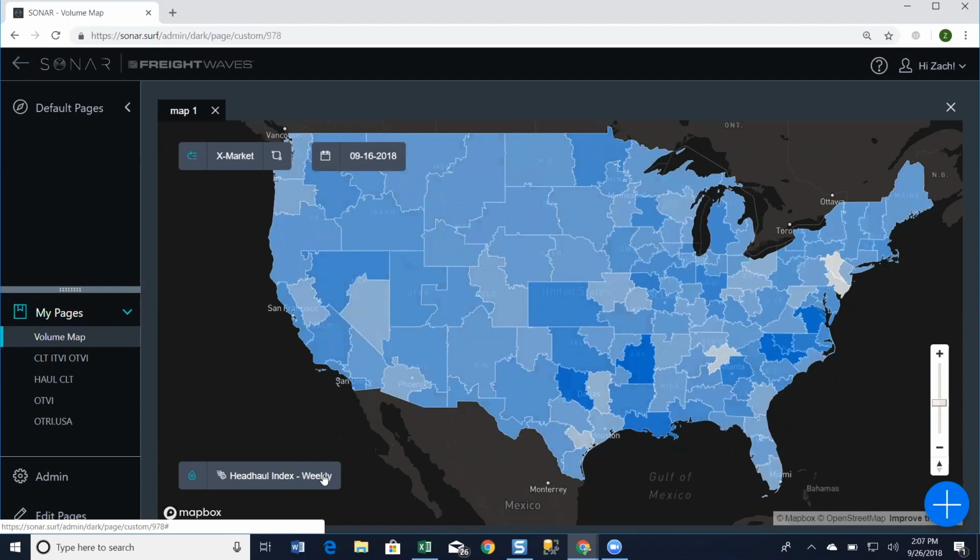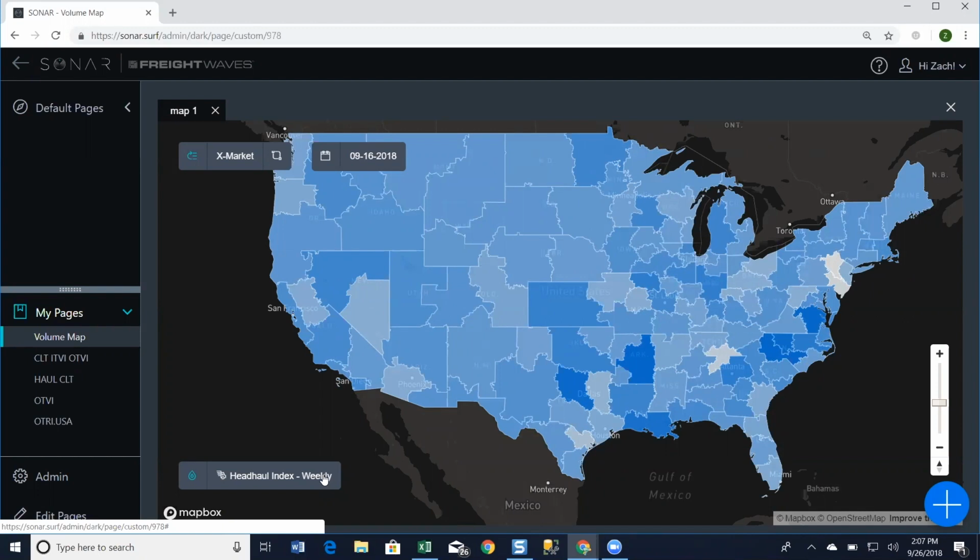I really like to look at the head haul index weekly value. It's probably one of the first 2 or 3 that I look at when I'm looking through the daily map, just to figure out where my biggest movers and shakers are. If there's going to be any real capacity situations, that value is going to move significantly.